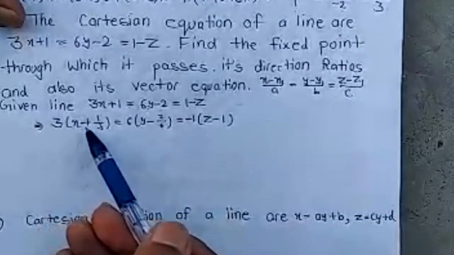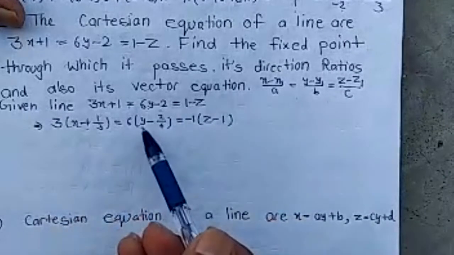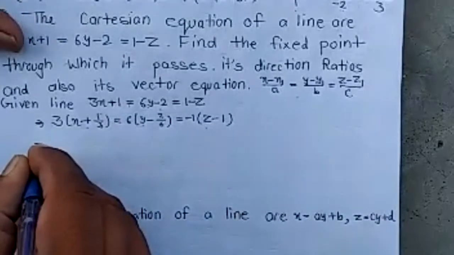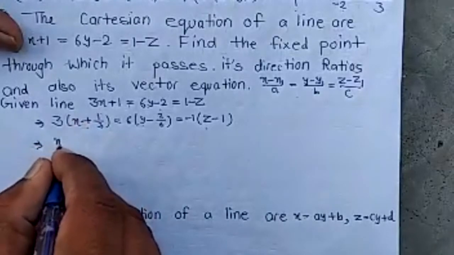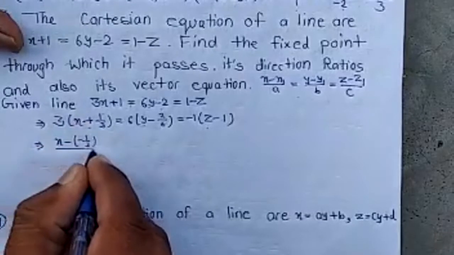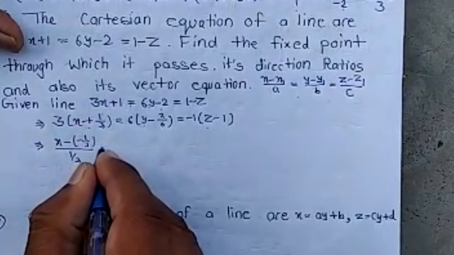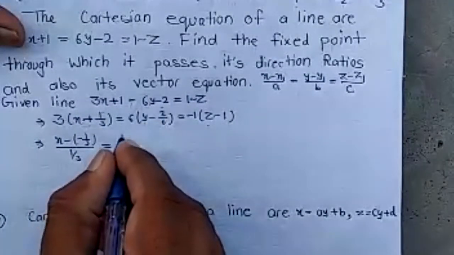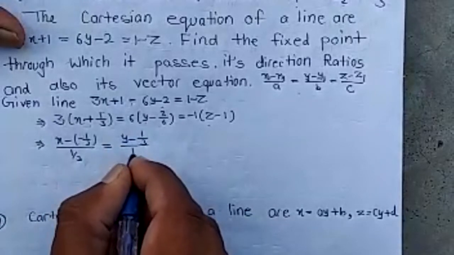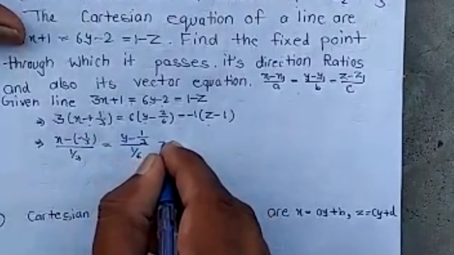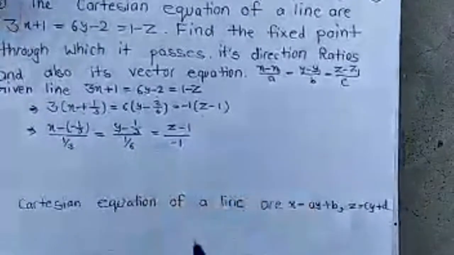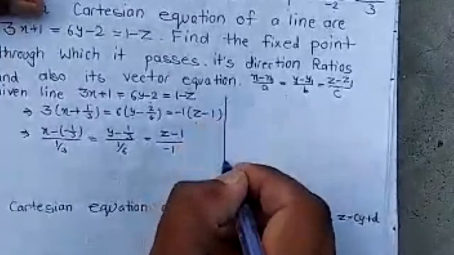Now it looks like x minus x1, y minus y1 and z minus z1. Now we can write this equation as (x minus 1 by 3) upon 1 by 3 equal to (y minus 1 by 3) upon 1 by 6 equal to (z minus 1) upon minus 1.